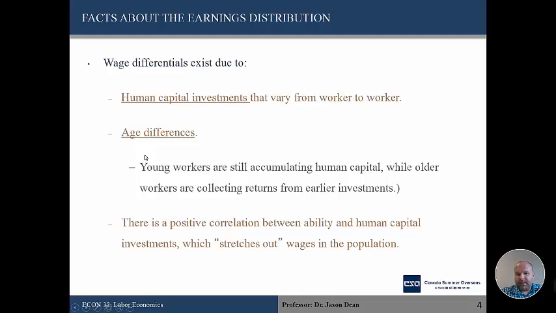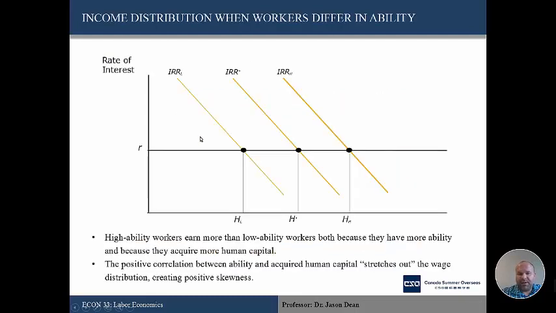We see, though, that the positive correlation between ability and human capital investments stretches out wages in the population. And that's not surprising if you remember our internal rate of return discussions in the last lecture. We can clearly see that those of high and low ability are going to get different levels of human capital or schooling.